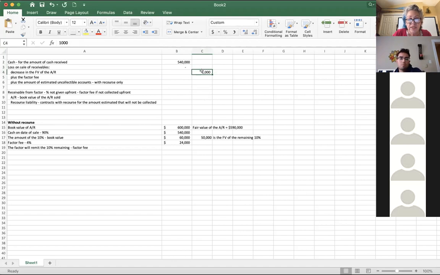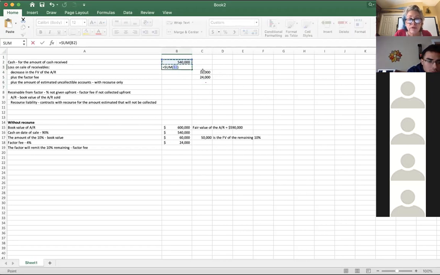So the decrease in fair value was 10,000. The factor fee was the 24,000, and 0 is the amount. So the loss on receivable is equal to the sum of those three.